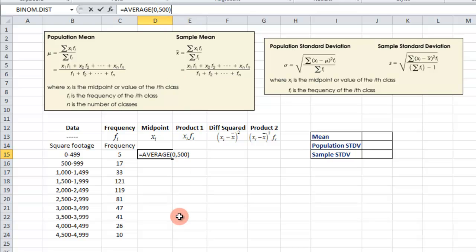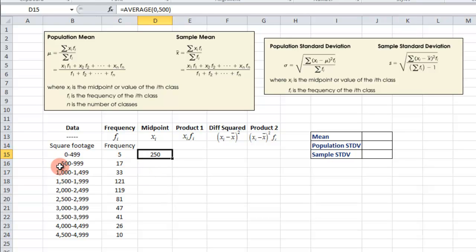Now if I reuse this, I have to make sure to update this position here. Because if I don't update the code, it's going to be using 0 and 500 as the average, but we don't want that. That's obviously not the midpoint of something else, right? So remember to update that data or find a way to get these two pieces of information. You can do it, it just takes a lot longer.